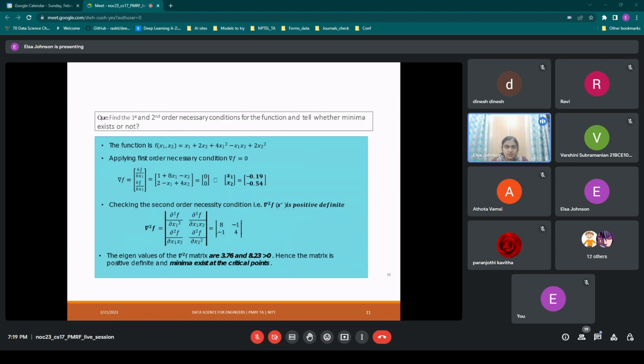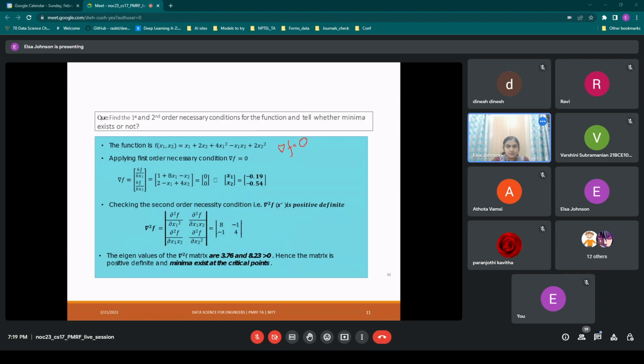So the first one is to find the first and second order necessary conditions for the function and tell whether the minima exists or not. The function is x1 plus 2x2 plus 4x1 square minus x1 x2 plus 2x2 square. The first order necessary condition is del f equal to 0.